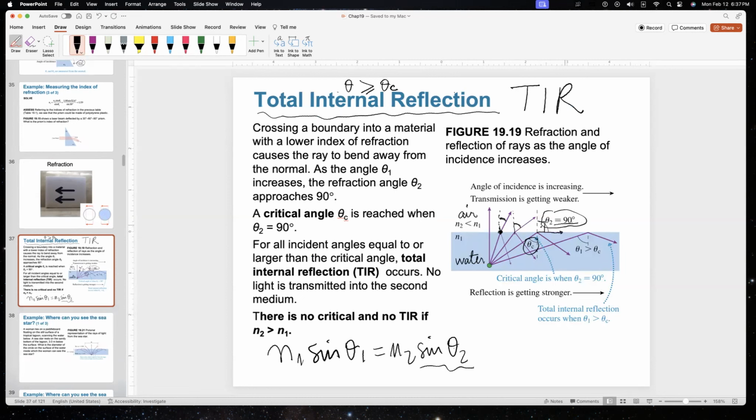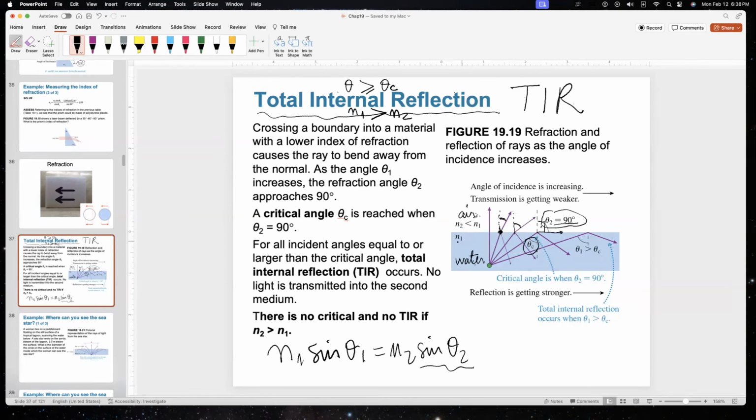so when are we going to have this total internal reflection happening? Only when n1 is going to be greater than n2. So we always need to be going from water to air, from diamond to water, from glass to water, or from glass to air.